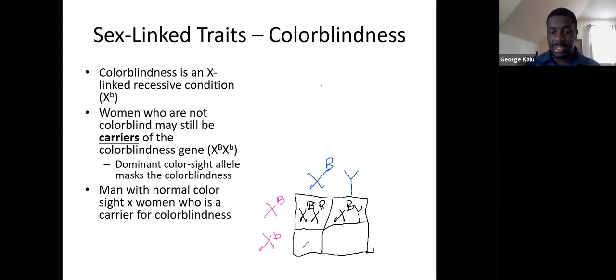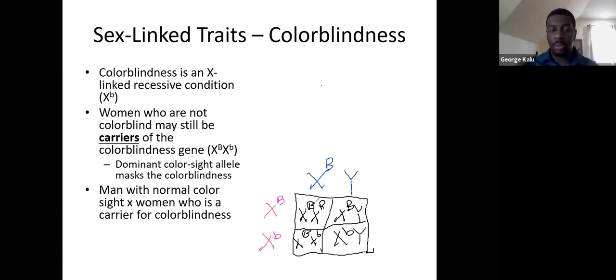X big B, X little b, perfect. And in the bottom right, we should have what? X little b, Y, perfect. So that's what our Punnett square would end up looking like here.